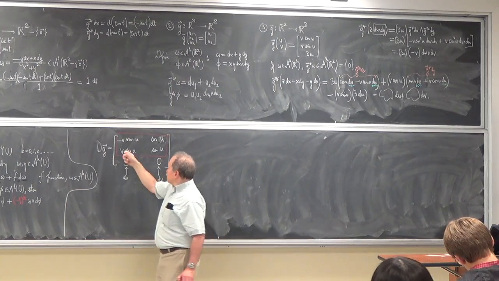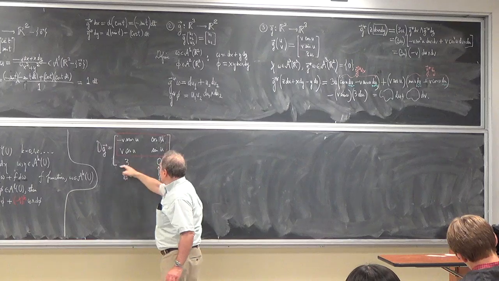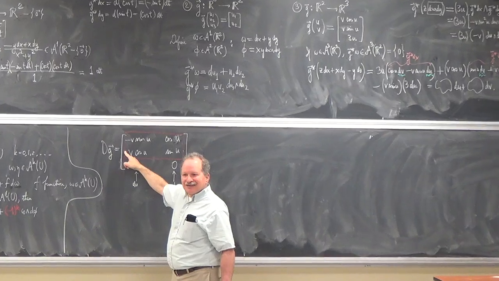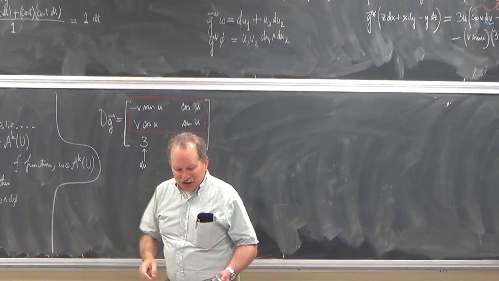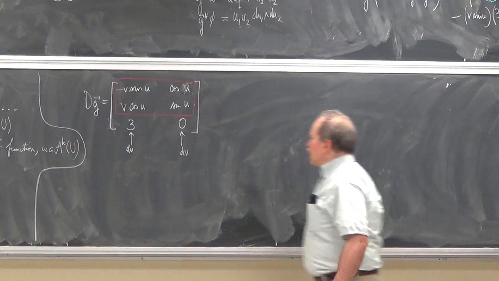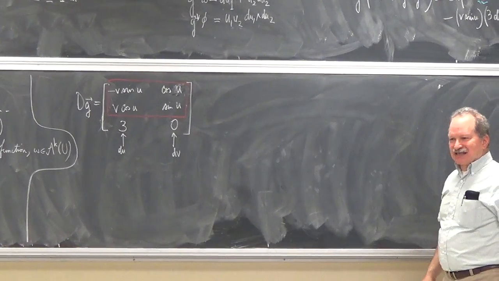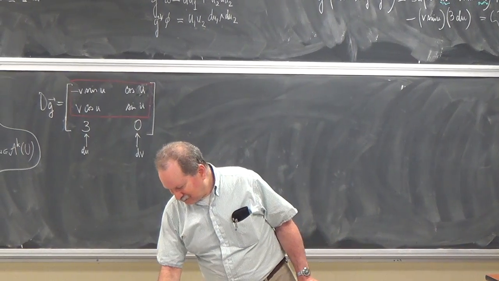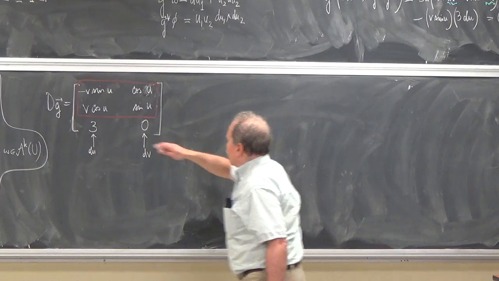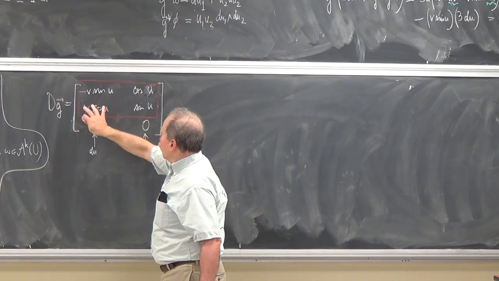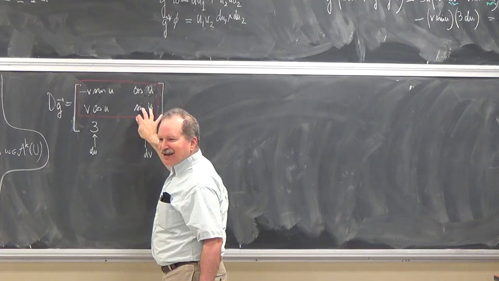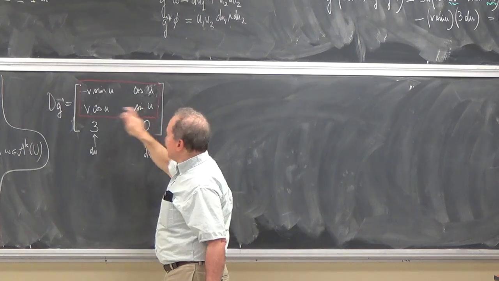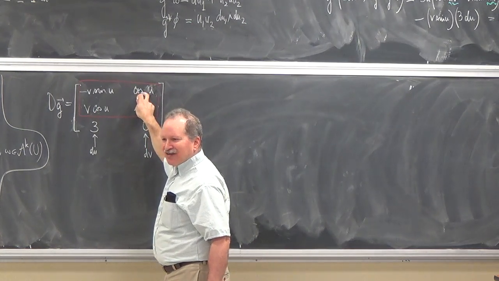If I had pulled back dy wedge dz, I'd be doing this cofactor, this minor of the matrix. Why is that? Well, that was what we observed the other day: the wedge product is building in determinants everywhere you look. You're getting this du plus this dv, wedge this du plus this dv, and because of skew commutativity, you end up with this term with a plus, this term with a minus, and the other terms disappear.